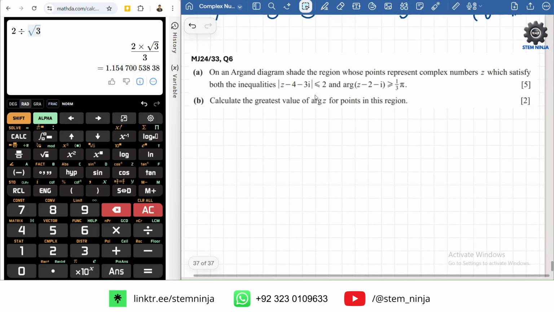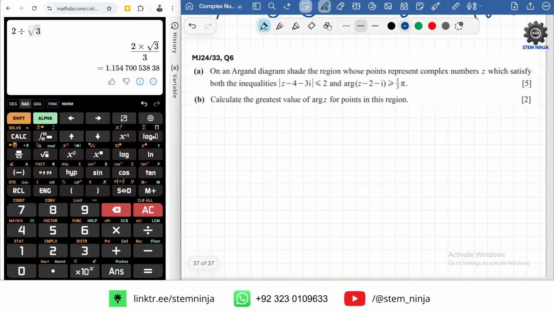Right, so let's see this one. On an Argand diagram, shade the region whose points represent complex numbers z which satisfy both the inequalities. See, once again, this is a circle. This is the half line that we were just discussing. So first we'll write them, this is for your working.